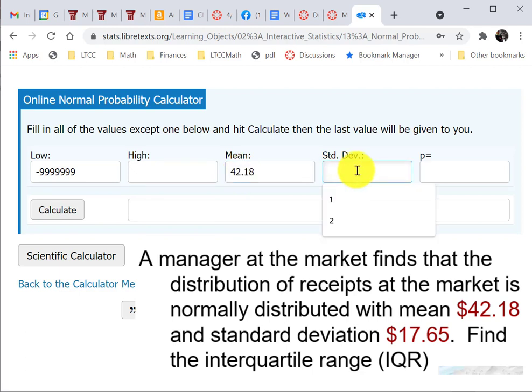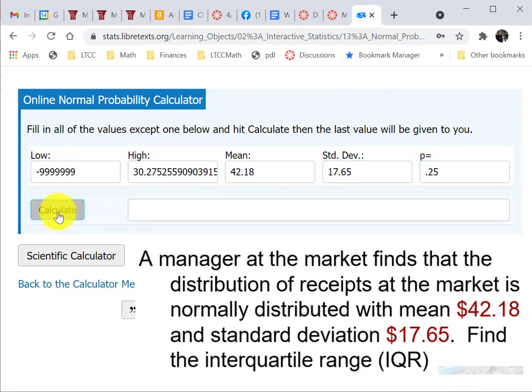And the standard deviation for this example is $17.65, so 17.65. And I want the 25th percentile, so that means that the probability of being under that number is 0.25. So P is now 0.25.